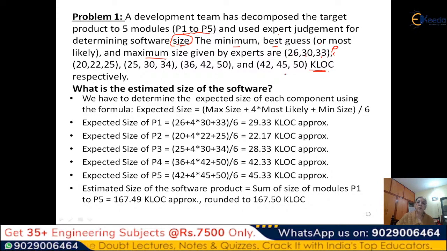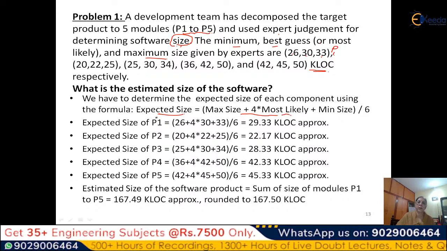We have to determine the estimated size of the complete software. So we use a statistical formula to get the expected size, or the mean size. For each component, the mean is the minimum size plus 4 times the most likely size plus the maximum size, divided by 6.